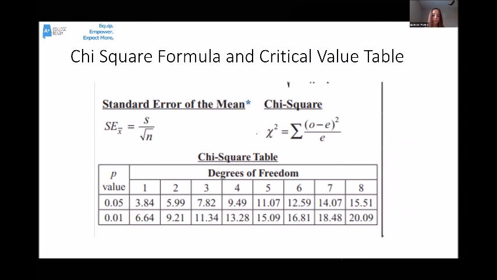Which means how many degrees of freedom are we going to use in this table? 3. Always one less than your number of phenotypes. Remember, unless you're told differently, you're always going to use this p-value, which again is sort of an error measurement. We know there's a 5% chance we're going to make a bad conclusion. That's okay. Our critical value, though, is that cell right there, 7.82.